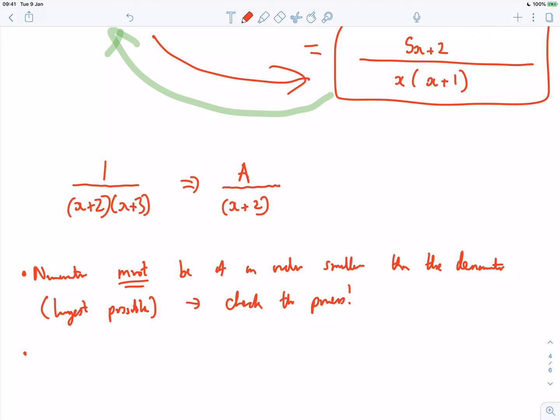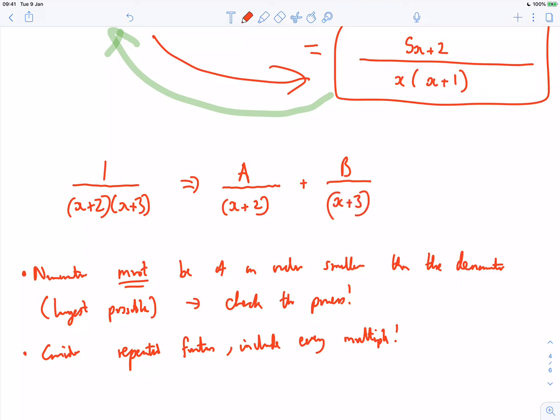The next thing we have to do is consider repeated factors and include every multiple. What do I mean by repeated factors? At the moment I'd have something like a over x plus 3, a different constant over x plus 3.